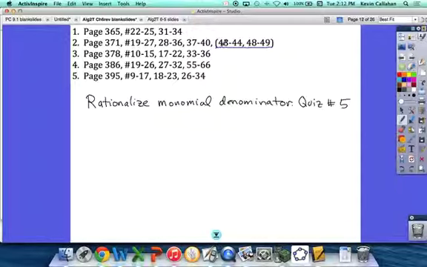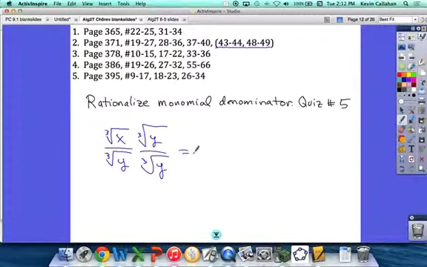Remember, it's a different problem if I would have done something like the cube root of x over the cube root of y. Then the procedures are not multiply by the cube root of y divided by the cube root of y. That wouldn't work because what would I have in the denominator?